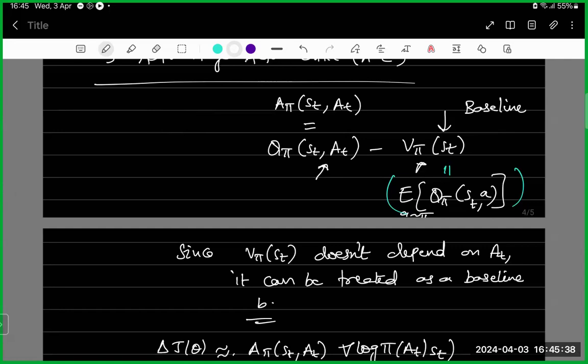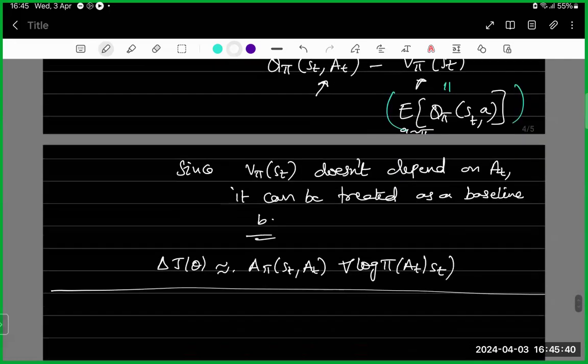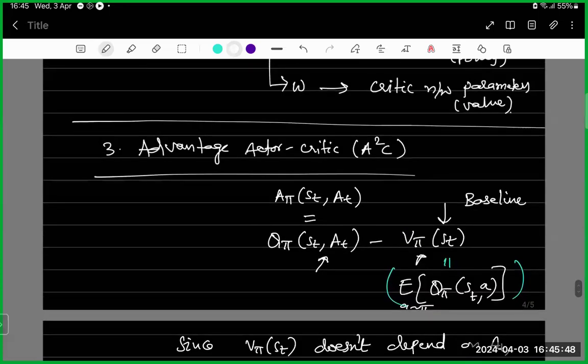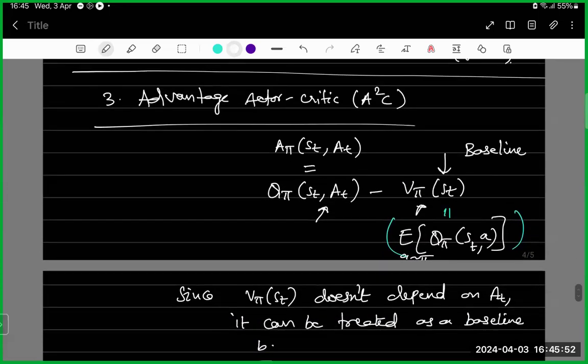Okay. So this is the advantage actor critic. It falls under actor critic because we are still maintaining some value estimates and we are doing the policy gradient, and we are calling it advantage actor critic because we are using this difference.